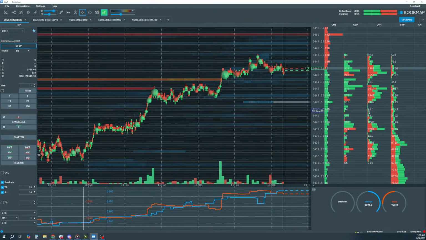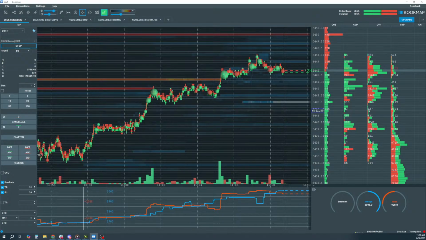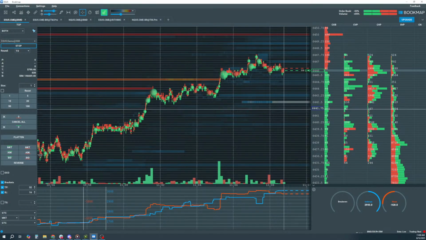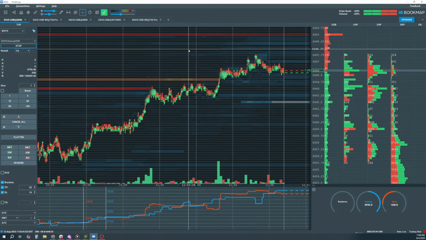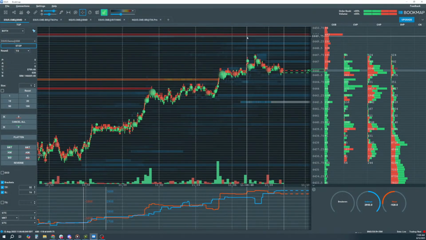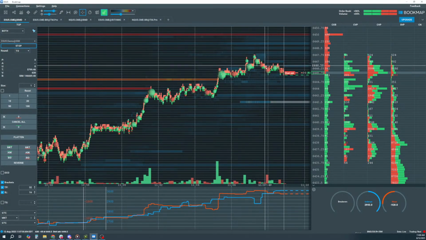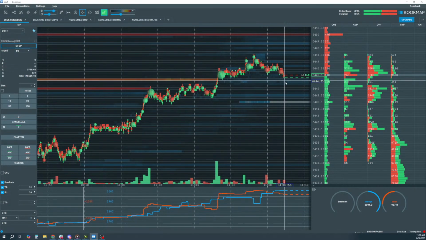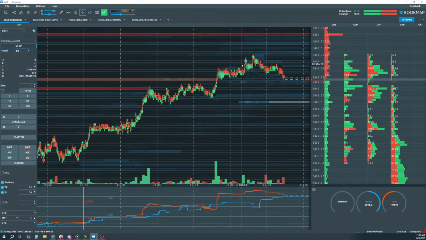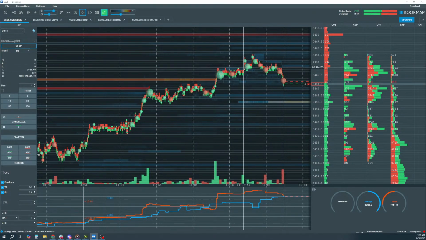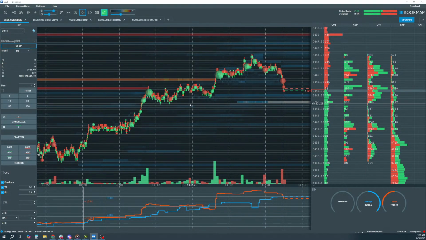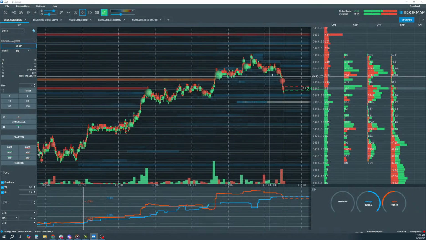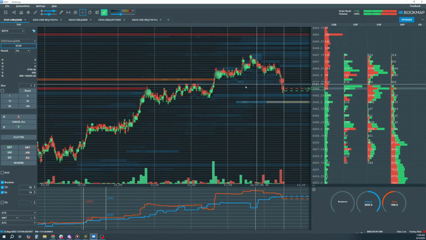Okay, another beautiful low volume pullback would be here around 42. And we're looking for this move in here by sellers to be on low volume compared to the buyers. That's really key. Yeah, we don't want to see a powerful move by sellers.